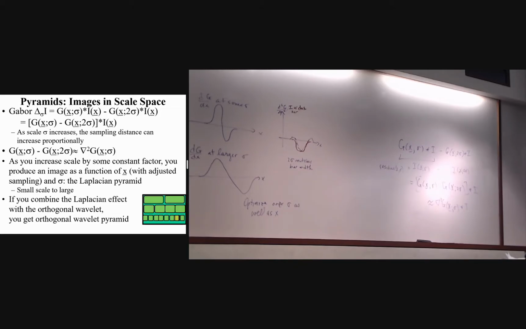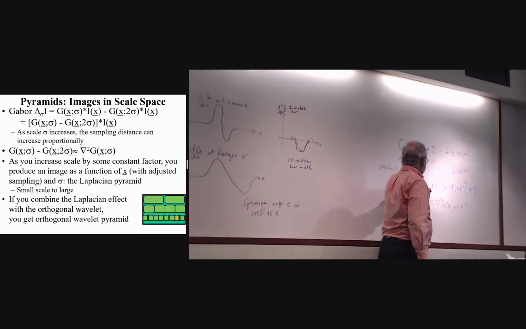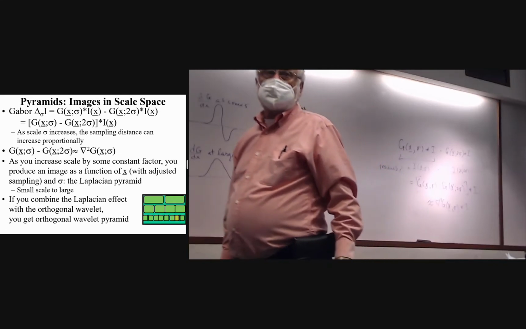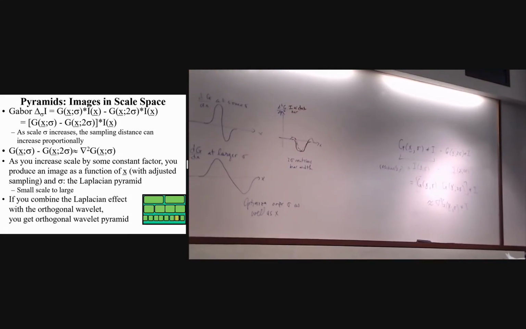Because root 3 squared is going to give you 3, and 1 sigma is going to give you 1, and the result is factor of 4 in the frequency domain, whose square root is 2. And so by application of yet another Gaussian on top of what you've already computed at 1 sigma, you can get the other one. And then you can subtract those two, and you get essentially the Laplacian.